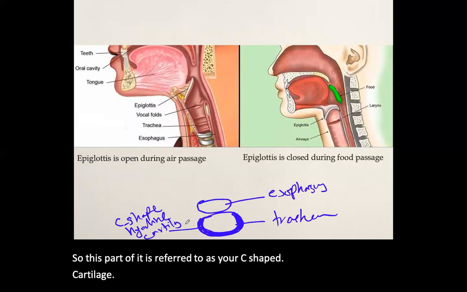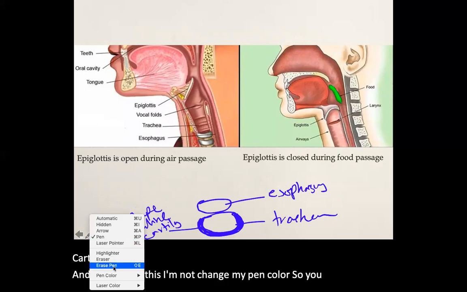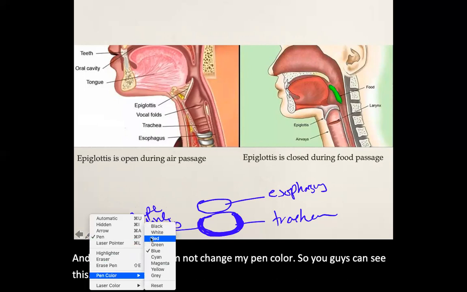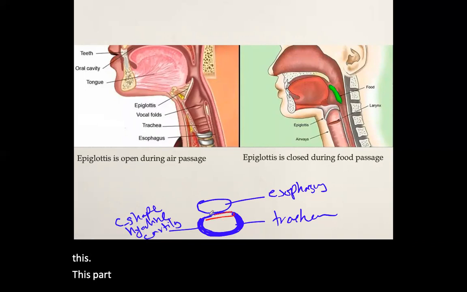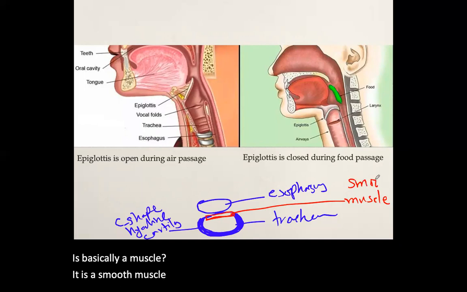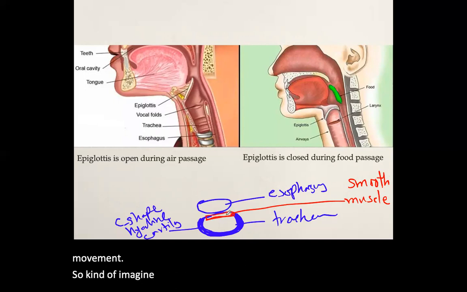And the back of this, I'm going to change my pen color so you guys can see this. This part right here is basically a muscle. It is a smooth muscle, which means we have no control over its movement. Imagine this muscle contracts.